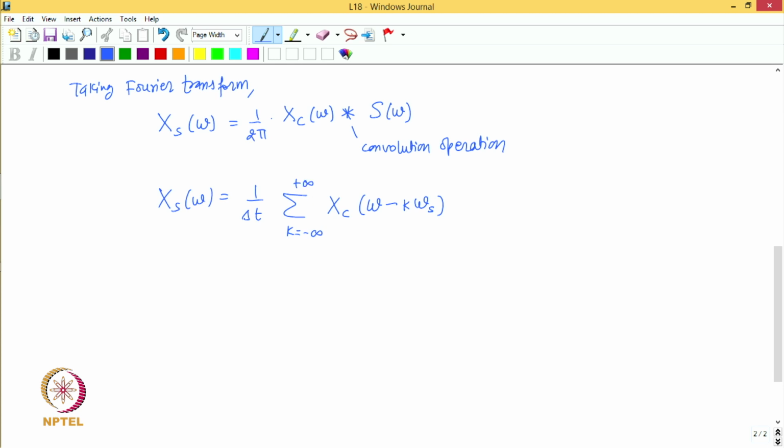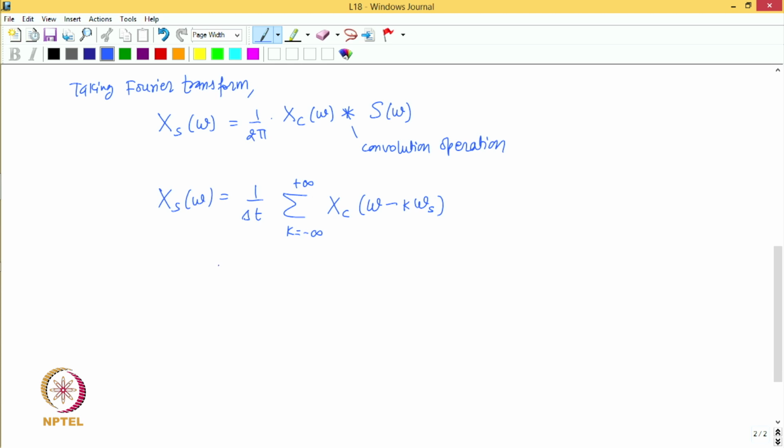Therefore, X_s(omega) basically consists of the summation of X_c(omega) and copies of the scaled version of X_c(omega) shifted by the frequency k times omega_s, where k varies from minus infinity to plus infinity.